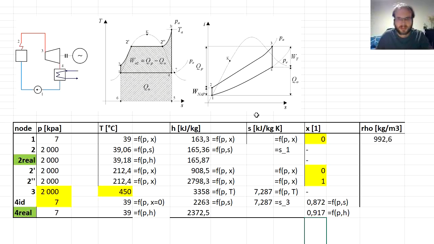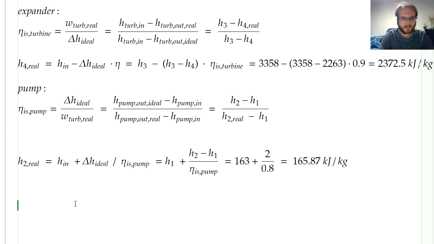Alright, so now we have calculated again all the values in the nodes of our system. And now let's go to the last part, looking at the change in the work and the change in the heat input and output. So the real net work of the system will be net work of the turbine minus net work of the pump.